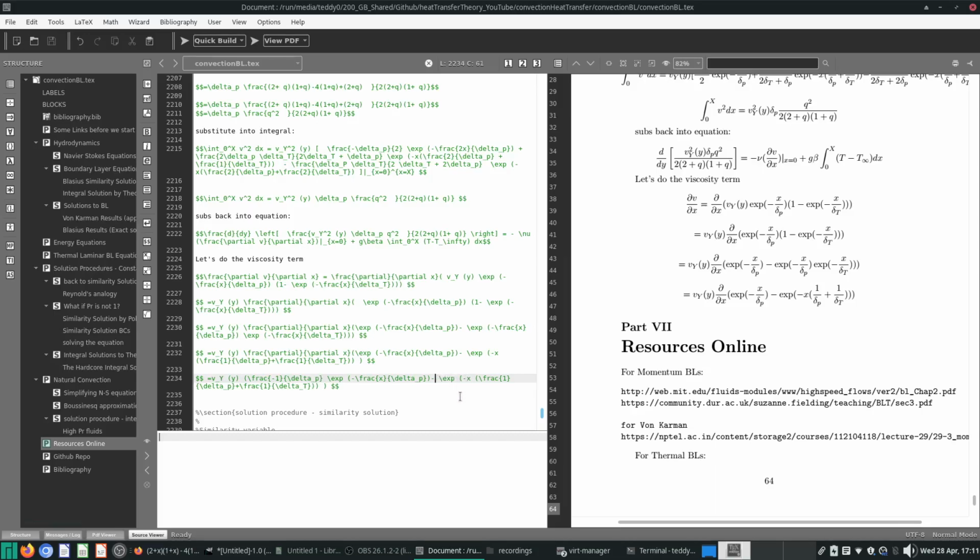And I'll have the fraction minus 1, so this will be delta t plus delta p divided by delta t delta p.